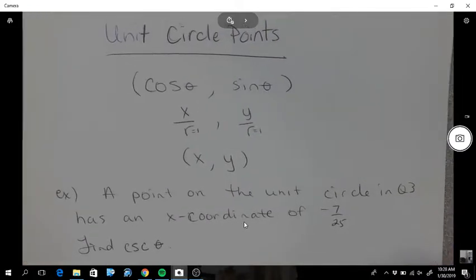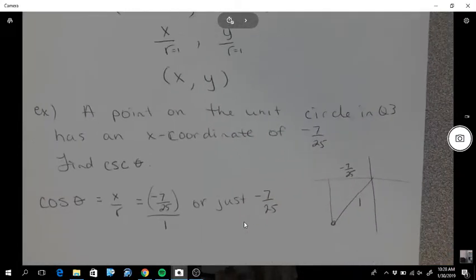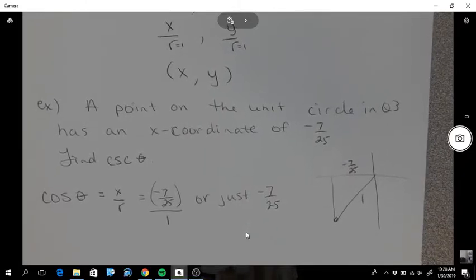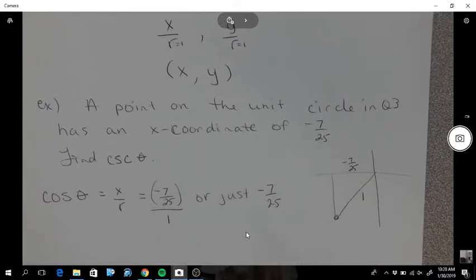Okay, so if we're drawing this in quadrant 3, that's what we have, -7/25, and 1 is our r, so we need to find our y. So I'm going to go 1 squared subtract 7/25 squared.